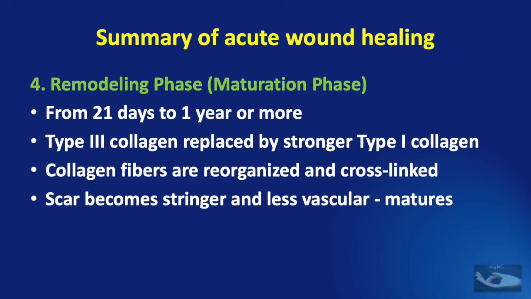The final remodeling phase, which occurs from 3 weeks to 1 year or more, is characterized by type 3 collagen being replaced by the stronger type 1 collagen, and the collagen fibers are also reorganized and cross-linked, and the scar becomes stringier and less vascular. In other words, it matures.